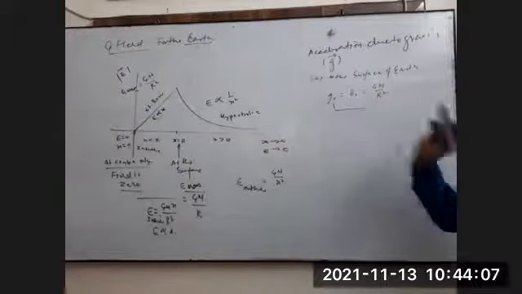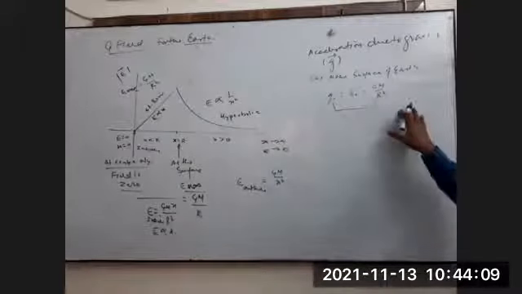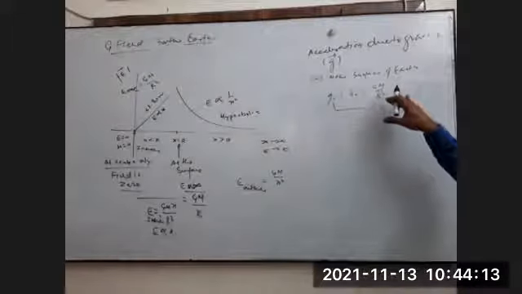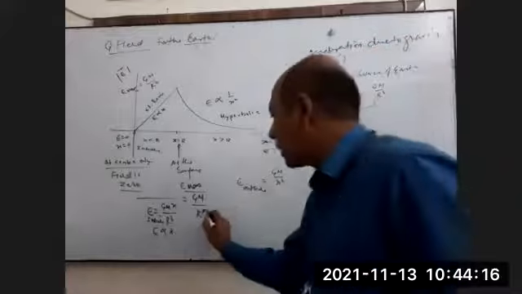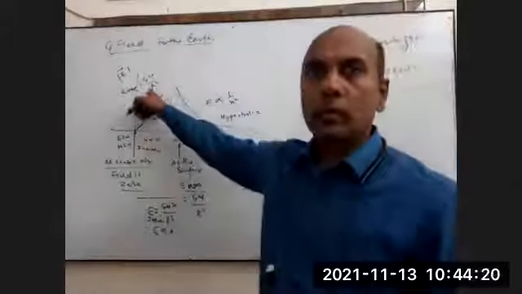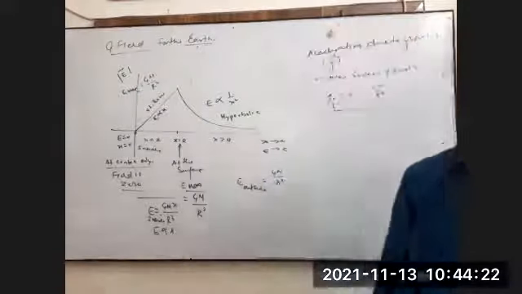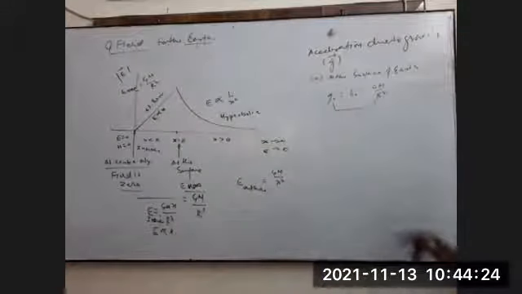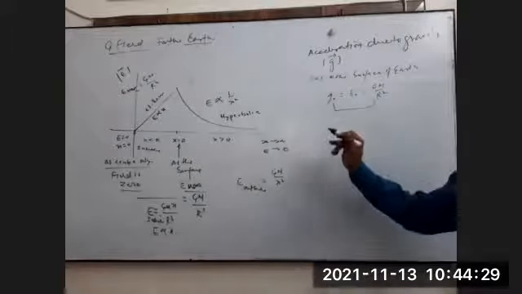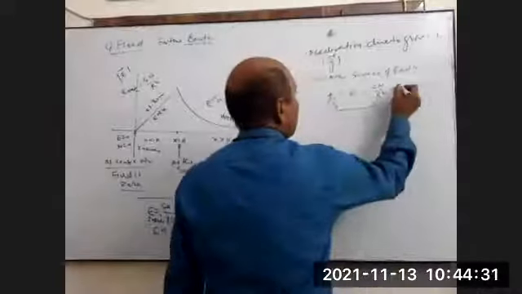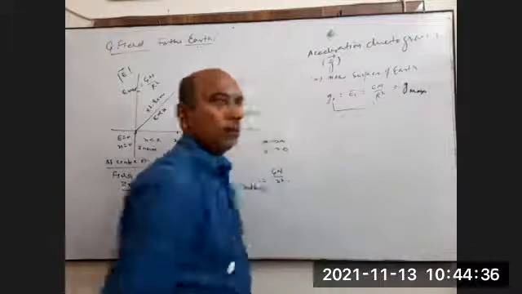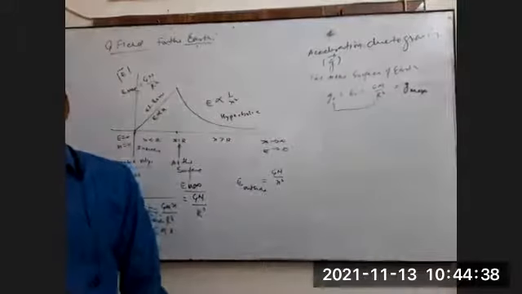So this is G naught, Gm upon r square at the surface. नहीं, ये तो r square ही है. Just slip of it. Gm upon r square. Okay. And this is the maximum value. This is the G max. Surface पे maximum field होगा, maximum acceleration due to gravity होगा.